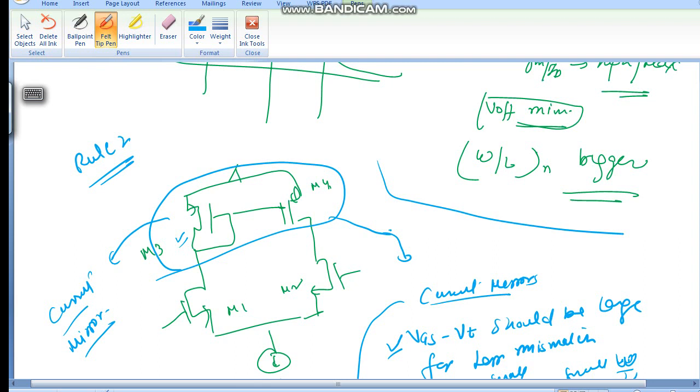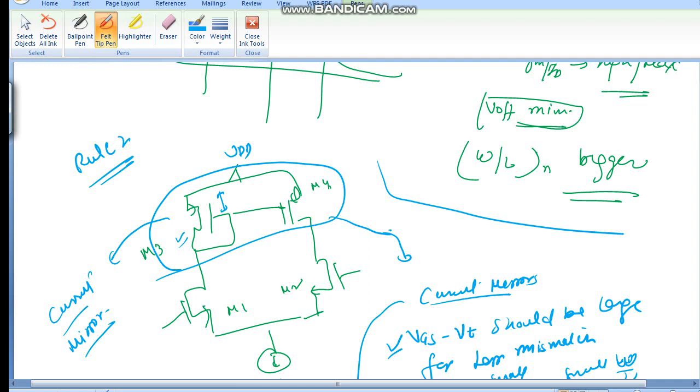The negative impact is that VGS, or VSG, of this current mirror MOSFET increases, so your ICMR will reduce. If you see the previous videos, the maximum ICMR we can achieve is VDD, which is possible if its VGS equals VT, and for that you need bigger size and less VGS minus VT, closer to each other.